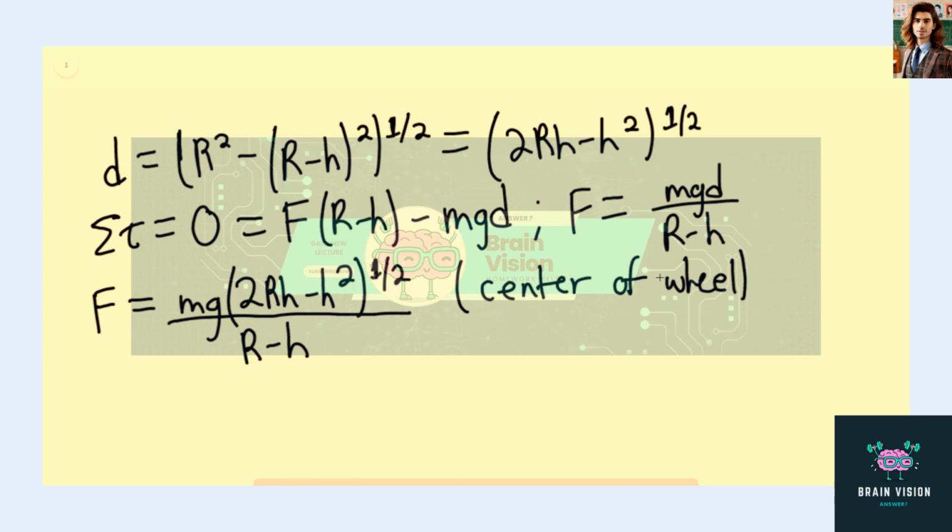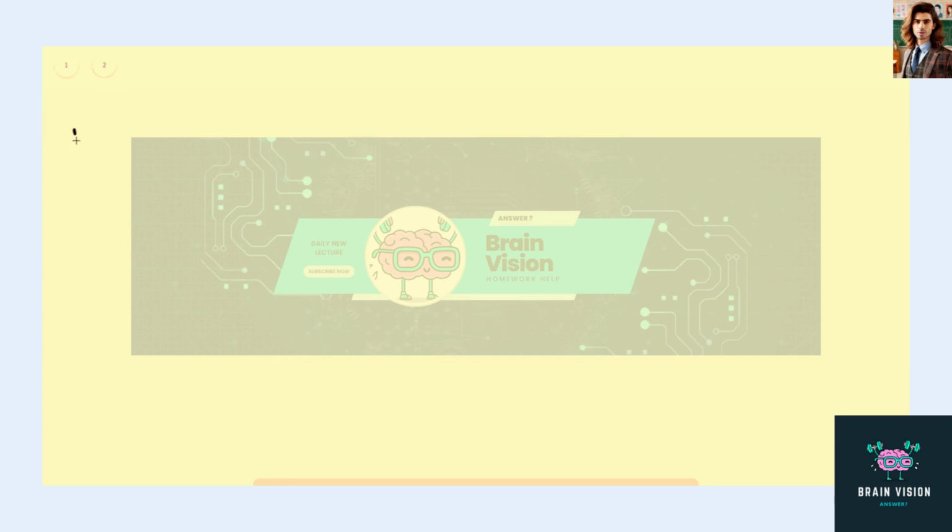Now, if we want to find the force at the top of the wheel, this is for part A. For part B, we can say that F times (2r minus h) equals mgd. So this would be the top of the wheel.